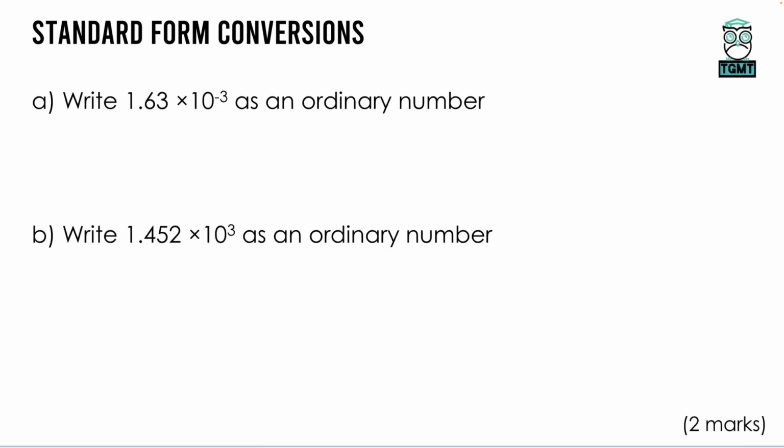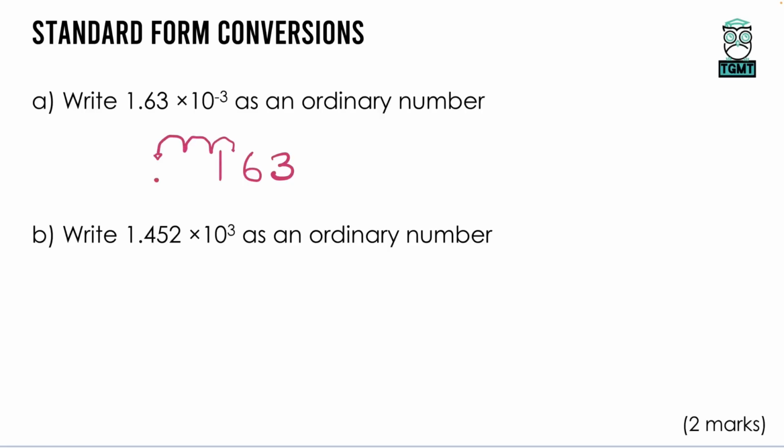So here we have 1.63 and it's a power of negative 3 with that 10, which means the decimal is going to move to the left and it's going to be a 0 point number. So when we are doing this, I'm going to write the 1, the 6 and the 3, and I'm going to write it slightly to the right hand side as I'm going to be jumping my decimal to the left. I'm going to put my decimal in between those numbers and then start to hop that decimal 1, 2, 3 jumps. That's where the decimal needs to go.